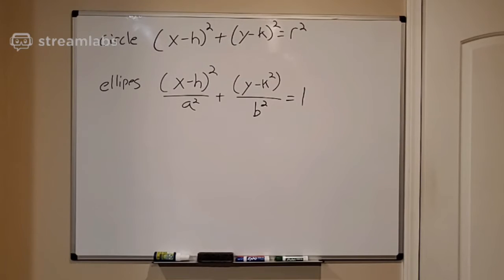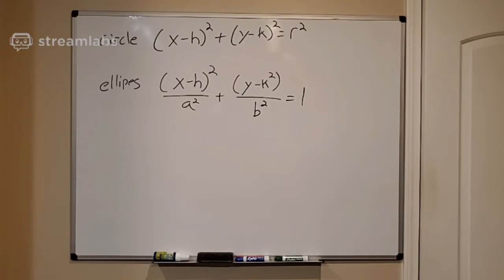Your vertex is determined by your major axis, which is your longer part of the ellipse. So if it's a horizontal ellipse, then it'll be longer left to right, and your vertex is the point on those ends. Then you have your minor vertices, which would be your shorter ones.